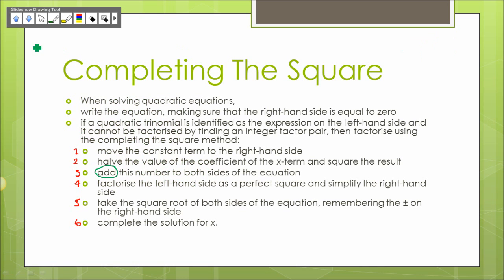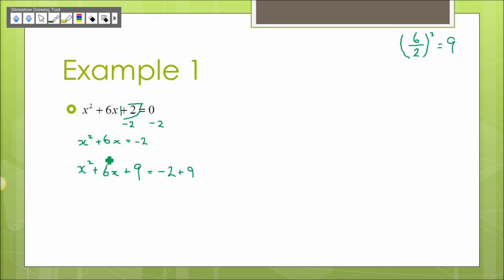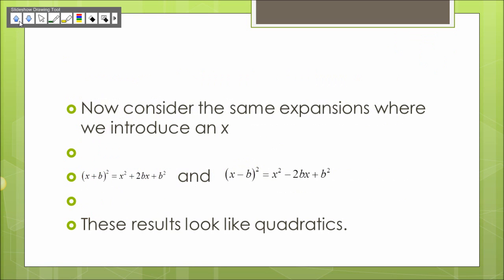Okay, now what do we do? Step 4, factorize the left-hand side as a perfect square and simplify the right-hand side. So having a look at the left-hand side, we've got x squared plus 6x plus 9. Now remember I said we had to remember those simple expansions from before. Let's go back and have a look at them. So if we have something that's x squared plus 2 times some number and then plus that same number squared, well, that comes out to be x plus that number all squared.